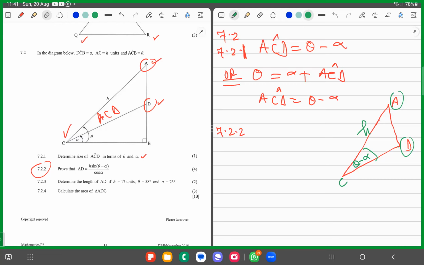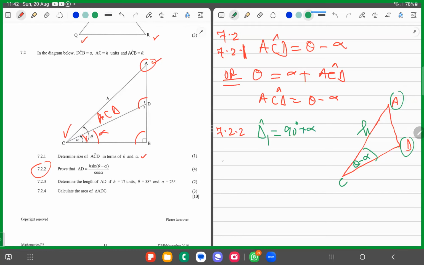So you have angle D1, just note that. Angle D1 is this one here. It's equal to this plus this. So angle D1 is 90 degrees plus this angle, which is alpha. So angle D1 is 90 degrees plus alpha.